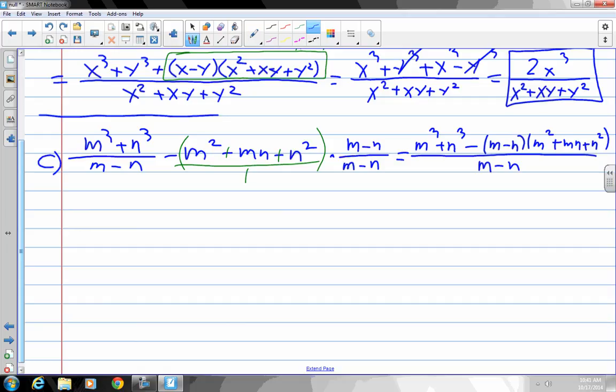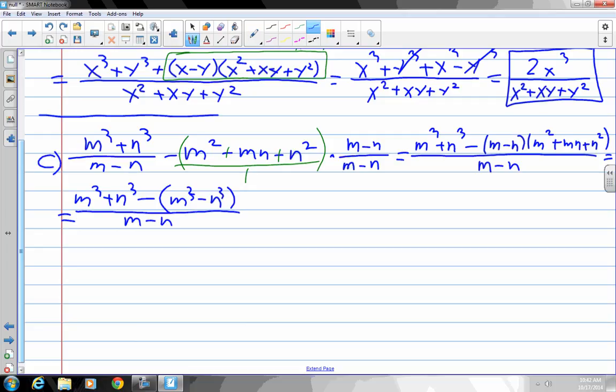And again, can we multiply m minus n and m squared plus mn plus n squared fast? Difference of cubes, so that becomes m cubed minus n cubed. And again, it matches our formula perfectly. So m cubed plus n cubed minus m cubed minus n cubed. I'm going to keep it in the parentheses for now, and then we'll distribute the negative. Again, I have to be very careful with the order of operations.